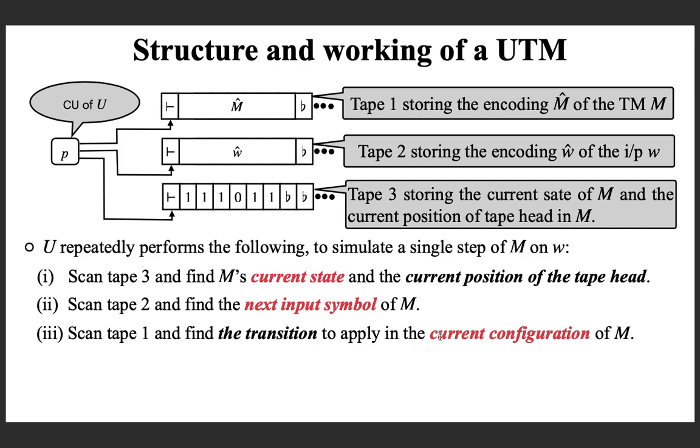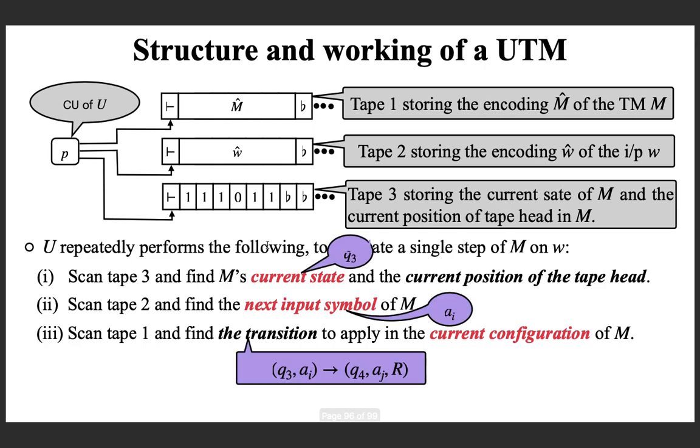So you want to now see the description of M to know which transition is applicable. Now maybe the current state is Q3, because it is 3, and the read write head was positioned at the second cell here, and maybe that second element represents the ith input character.